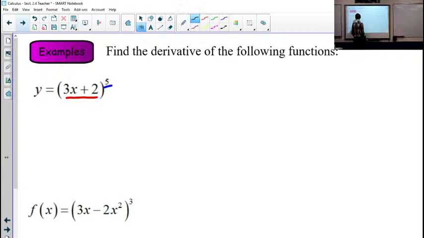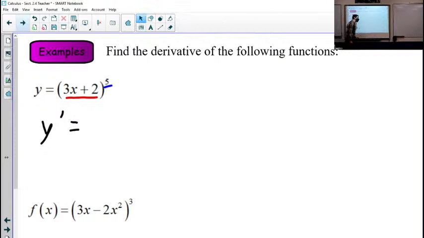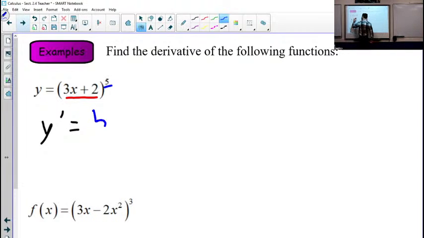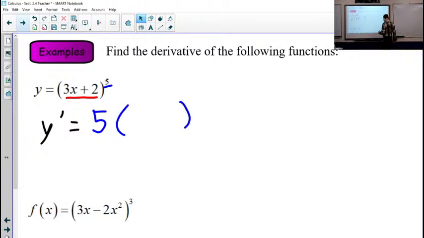So y prime is going to be, we're going to deal with taking the derivative of the outermost function first. So I have something to the 5th power. If I take something to the 5th power, then the derivative of taking something to the 5th power would be bring the 5 out in front, and then the exponent, we would subtract 1.